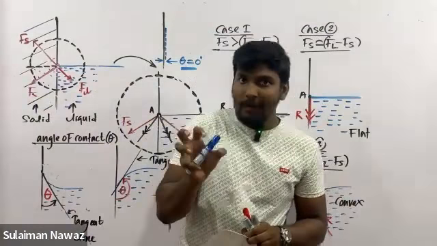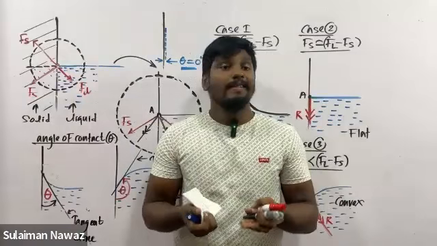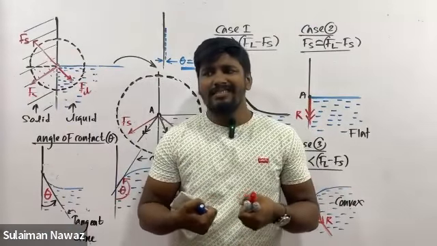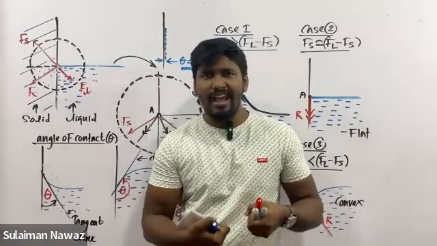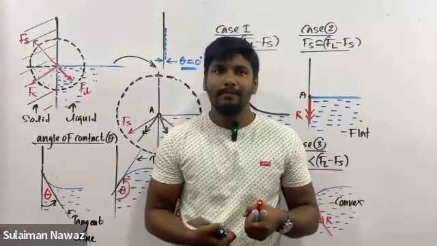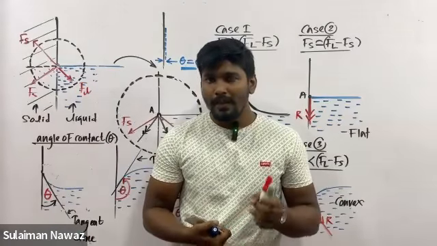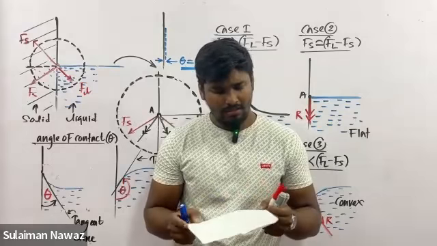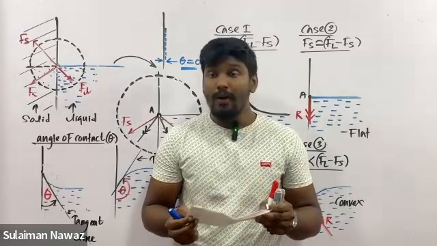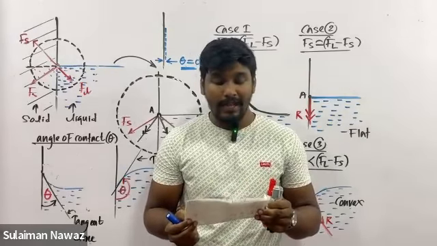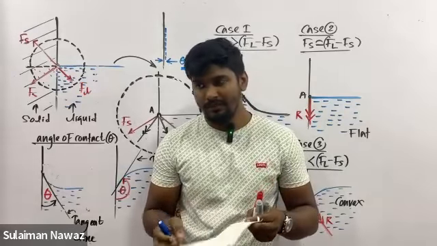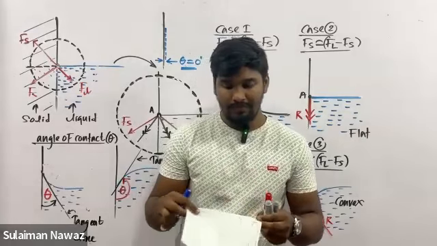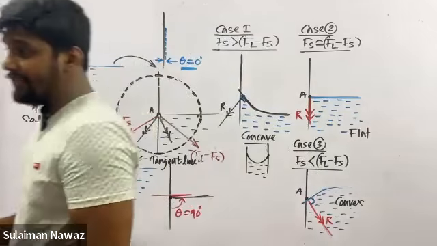Now you know what the angle of contact is. Now we know what surface tension is. Surface tension means some kind of elasticity, some kind of tension acting on the liquid. Now put your main topic. Case 1, if the angle of contact theta is 0.